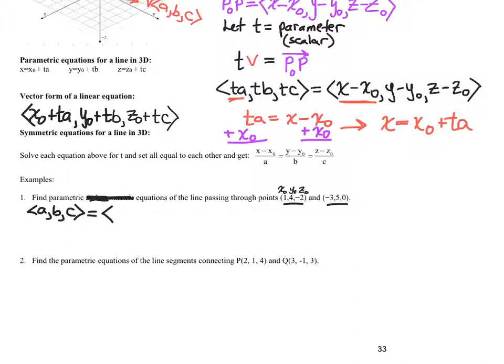So -3 minus 1, 5 minus 4, and 0 minus -2. So -4, 1, 2.